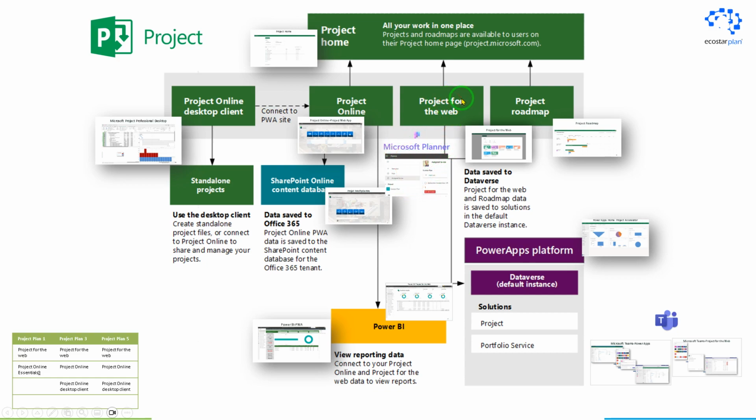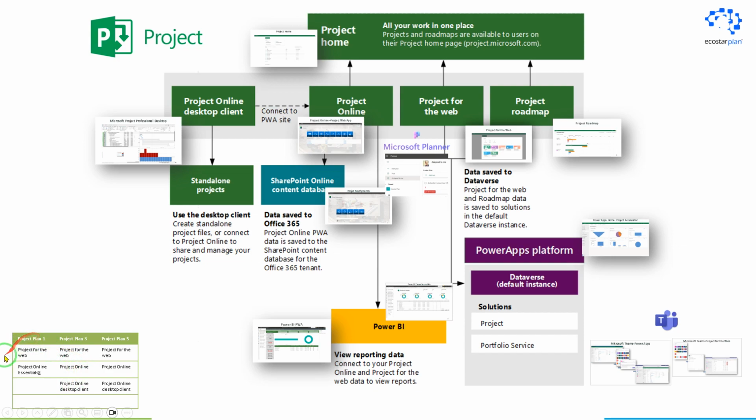So if we create a project in Project for the Web, people will be able to see their own tasks within Microsoft Planner together with my to-do lists as well. Okay, so let's dive into each of these tools so that you can have a better overview.